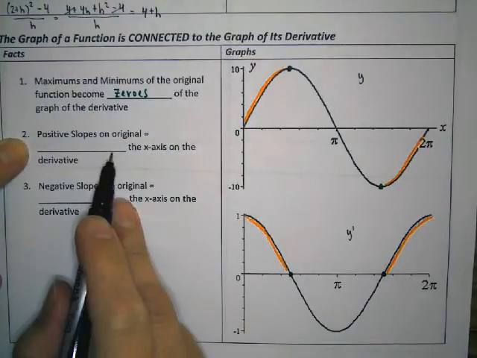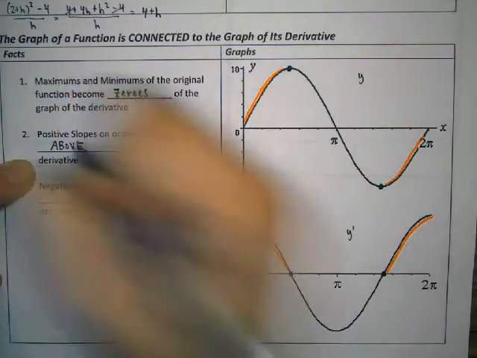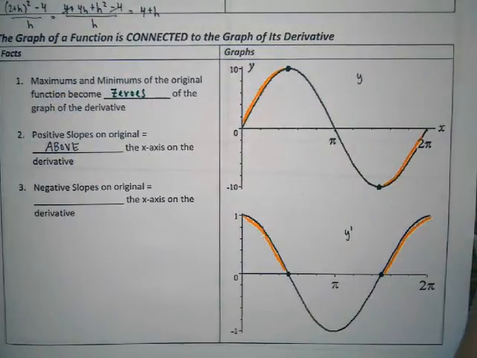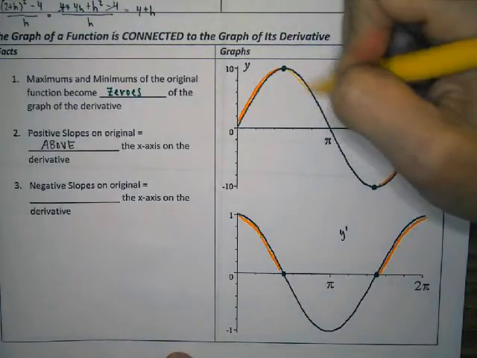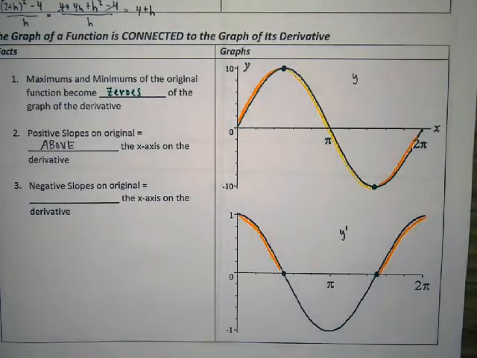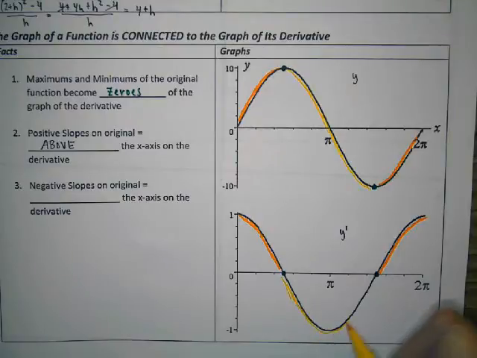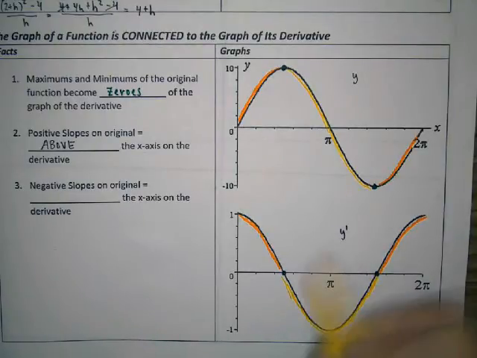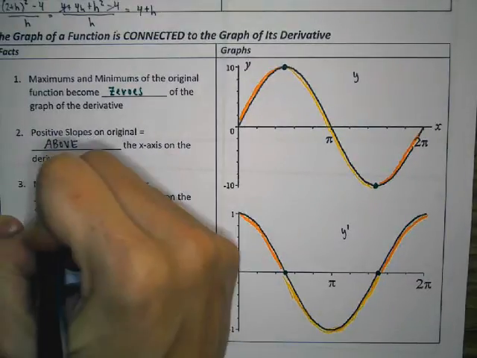So positive slopes on the original equals above the x-axis on the derivative. And then wherever I have negative slopes on my original function corresponds to my derivative being below, and I'm just roughly doing this, I know, but I'm below the x-axis on the graph of my derivative.